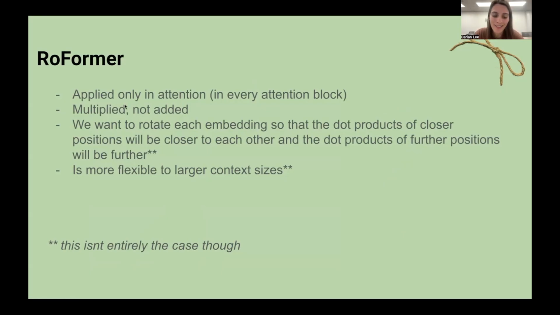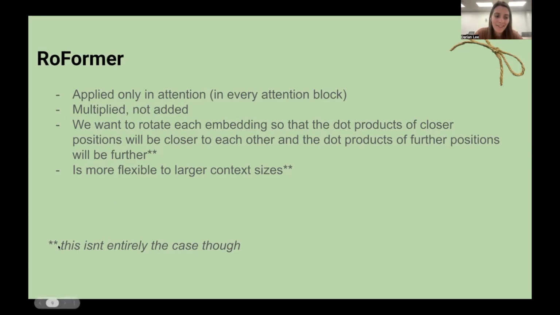So if we think about the initial positional embeddings, the sinusoidal ones, they were calculated at the beginning, then added, I think it was, to the word embeddings. Then that was used throughout the entire transformer. So in all the attention blocks as well as in all the feed forward blocks. So now we're only applying these in attention and we're going to just multiply them at the time of attention.